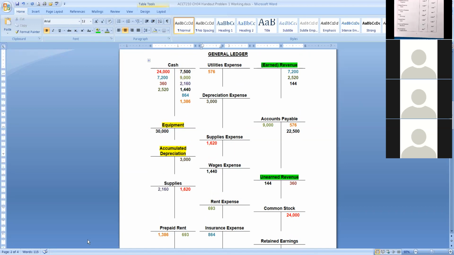And what we're going to do now is find the ending balances. And the hard one is going to be this. Let me underline here. Okay, so what we're going to do is add up both sides. So we're going to add up all the debits and we're going to add up all the credits.